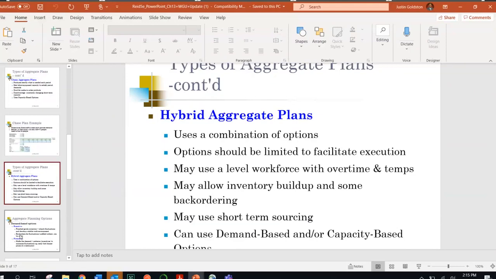And I will say that the hybrid strategy is the most common strategy within all industries. I mean, healthcare, manufacturing, services. It's the most common strategy that's used. I worked in professional services my whole entire career, as a management consultant. We have a hybrid strategy.